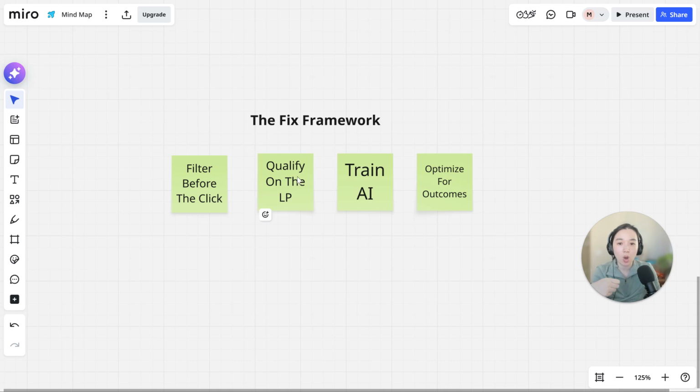The next thing is to qualify on your landing page. Qualify with the content on your landing page and also qualify with the form on your landing page. Then focusing on training Google's AI. This has to do with the conversion tracking mechanism. How are you actually feeding that data back to Google so Google knows what's a good quality lead and what's not a good quality lead?